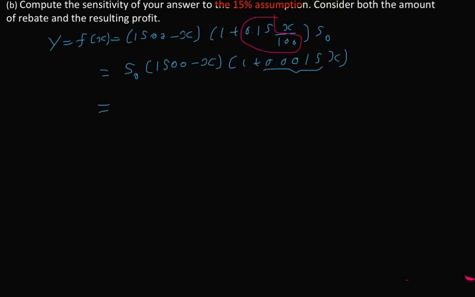Therefore, the new model can be written in this form: f of x equals 1500 minus x times 1 plus e x, times S naught.